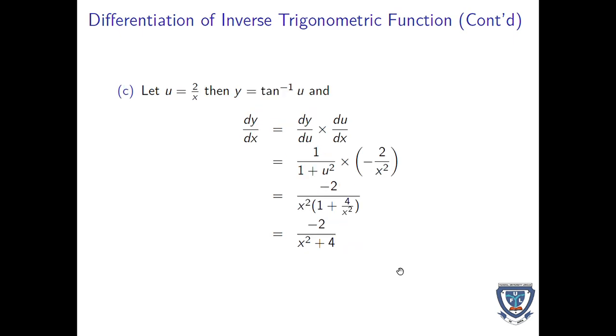Now, let's look at C, the third example. So let u equal to 2 over x, then y is equal to arctan u. Now, you apply the same chain rule again. You're going to have minus 2 all over x squared plus 4.